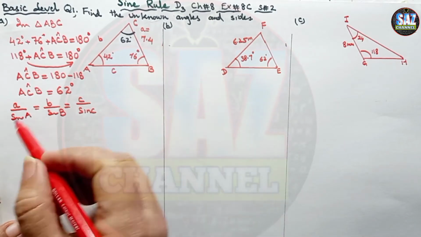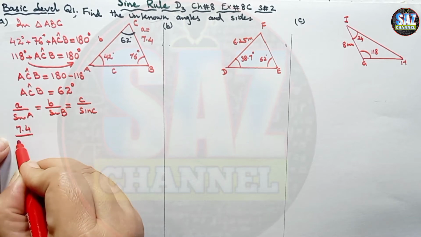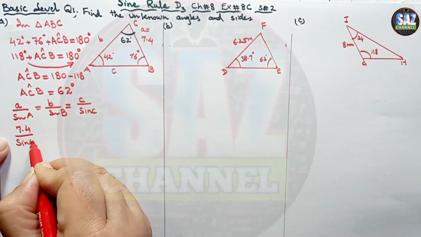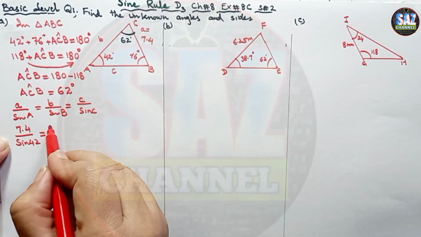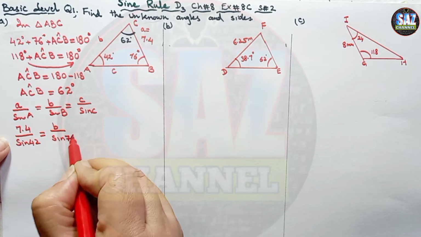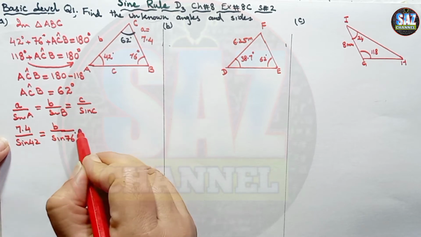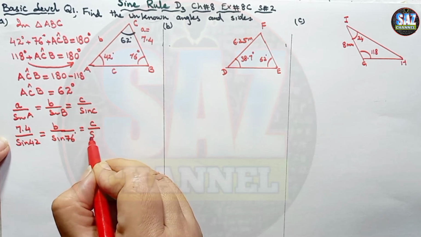A is 7.4, so 7.4 upon sine 42 degrees equals b upon sine 76 degrees equals c upon sine 62 degrees.